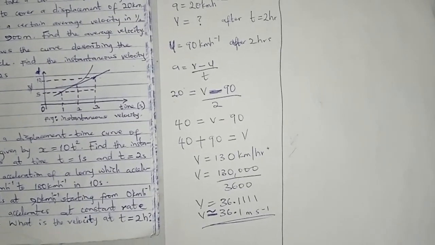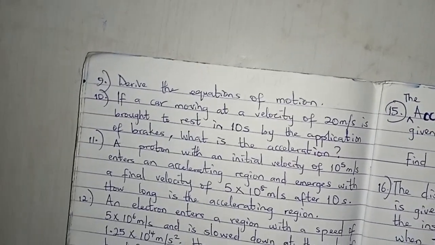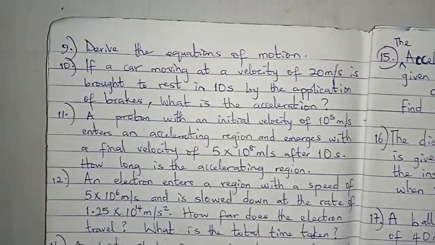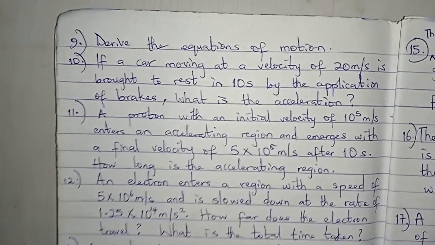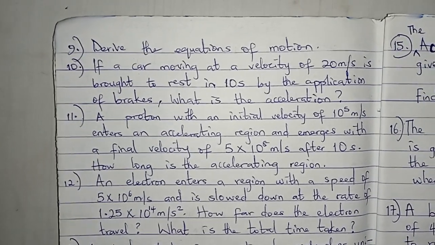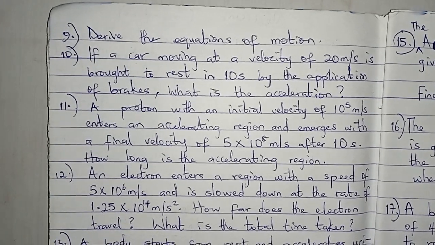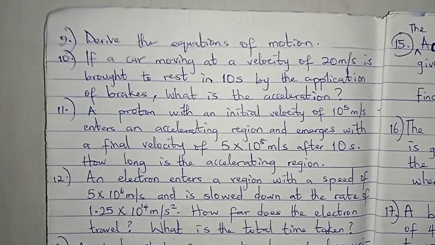So let's solve for question 9. Question 9, they said derive the equations of motion. Okay, we've already done that. Check our first video. So question 10. Just type kinematics on the channel. If a car moving at a velocity of 20 meters per second is brought to rest in 10 seconds by the application of brakes, what is the acceleration?